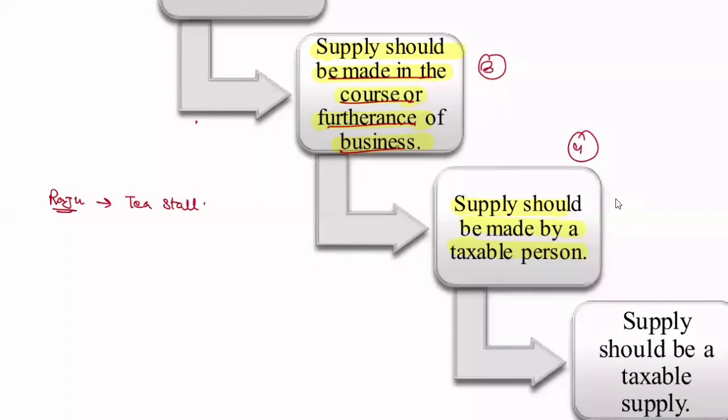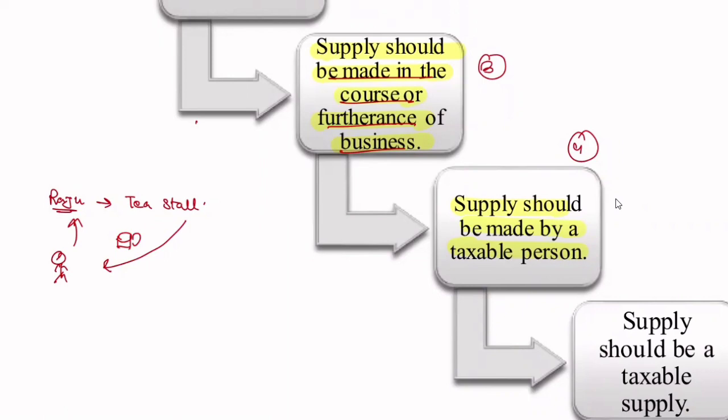This is his business. Whenever you go to Raju's shop and order a tea, do you think he will charge GST from you? 5 rupees for the tea, 1.5 rupees GST, making 6.5 rupees? Or do you think the 5 rupees tea has a tax in it as well?